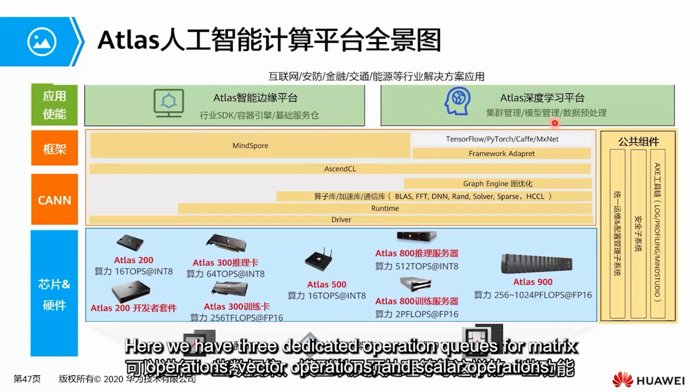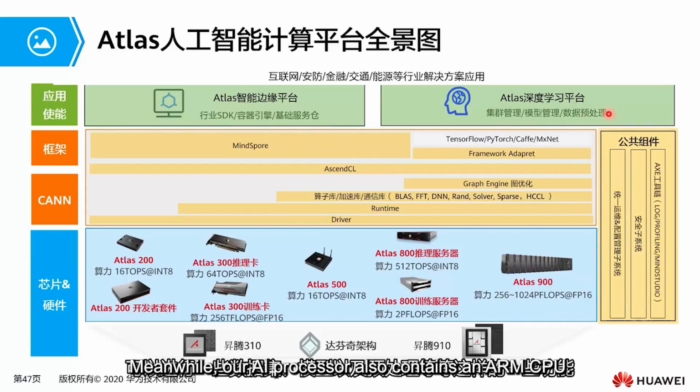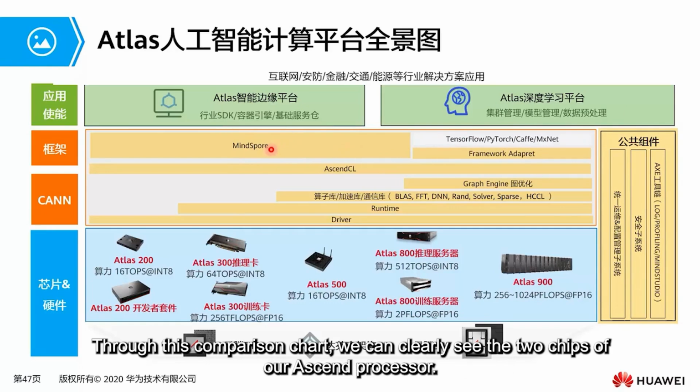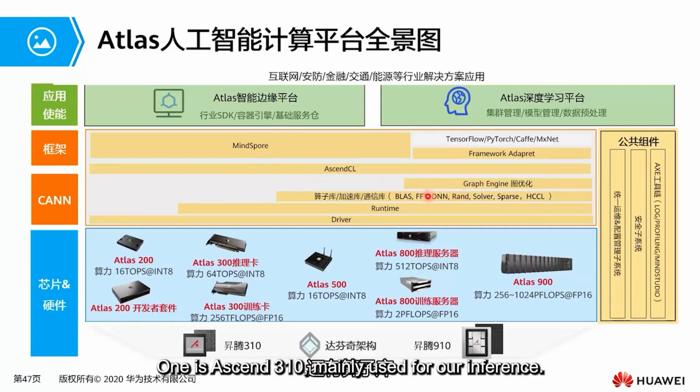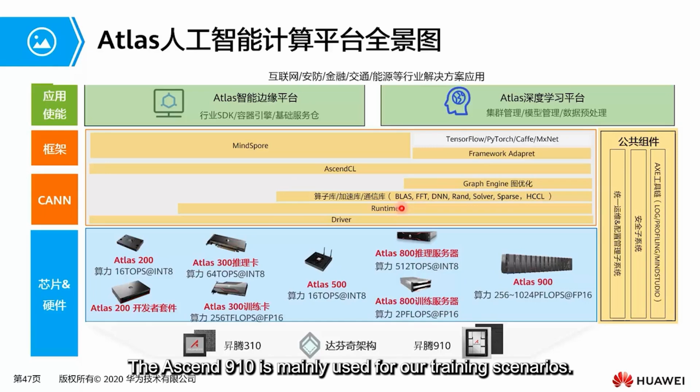At the framework level, it integrates deep learning frameworks like MindSpore that we introduced earlier. In the middle chip enablement layer, we can see the optimization provided by the graph engines. There are operator libraries, acceleration libraries, communication libraries, and other tools that help us better utilize our Ascend computing power.